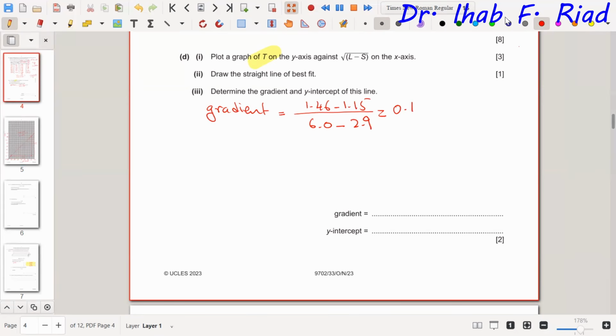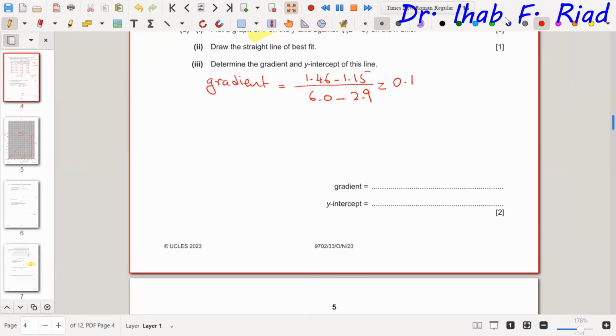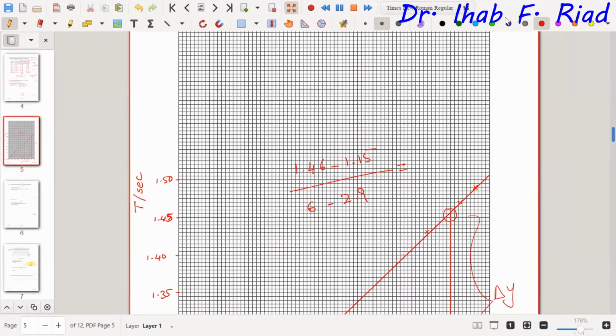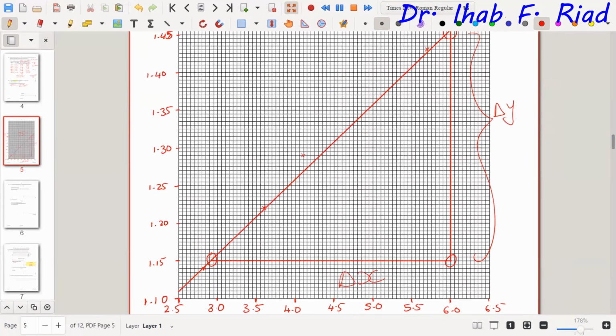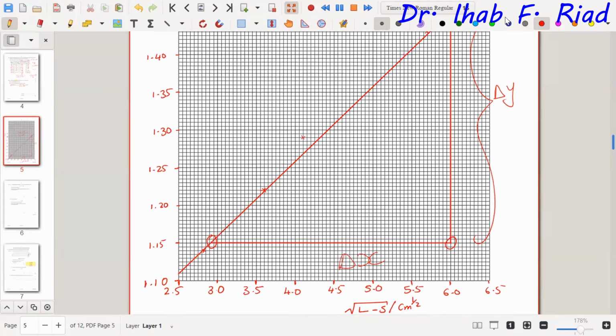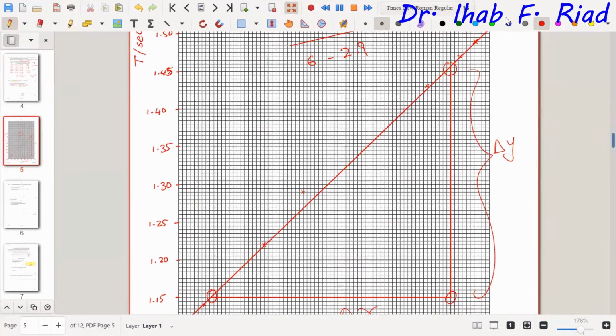Now I need to check for what? Intercept. No. Before that, the units. Okay. So the units are the units of y divided by the unit of x. What are the units of y? Second.